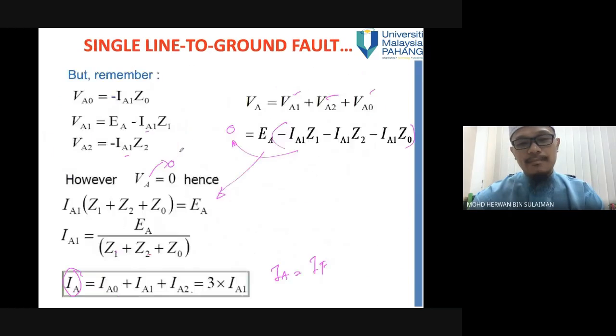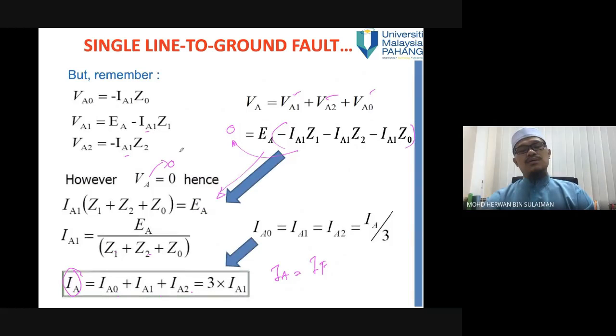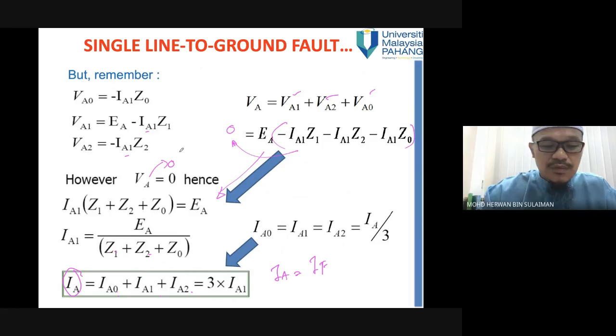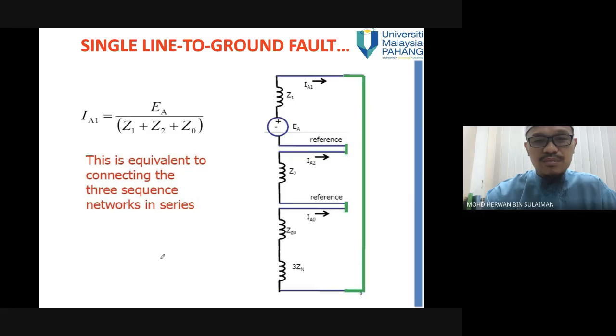So what we can learn here is, in order to calculate the fault current for single line to ground fault, you need to find Z0, Z1 and Z2. Okay, so meaning that you need to find the positive sequence network, negative sequence network, and zero sequence network. Okay, so that is how it has been done. So this one is just the equivalent of 3 sequence networks in series.